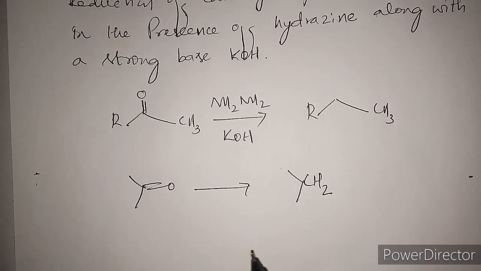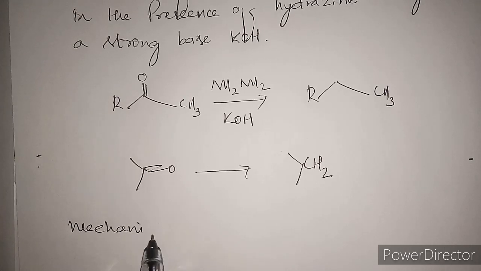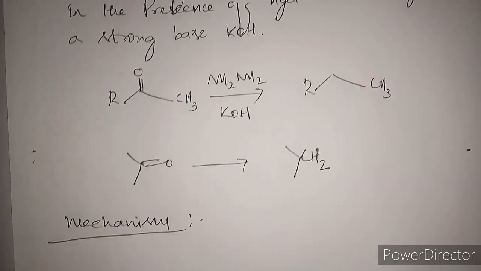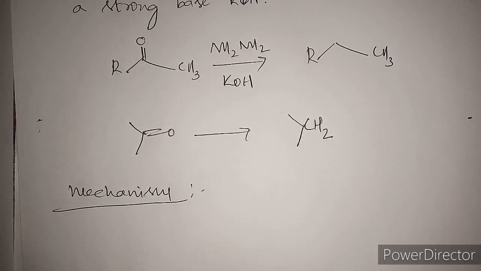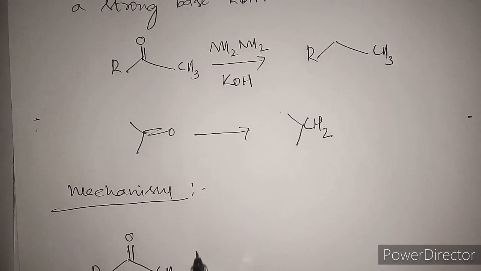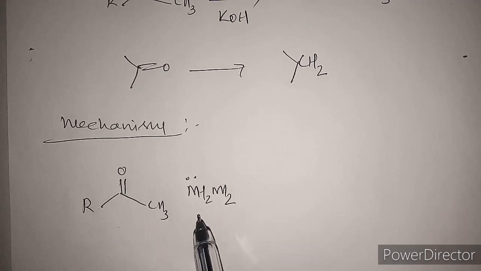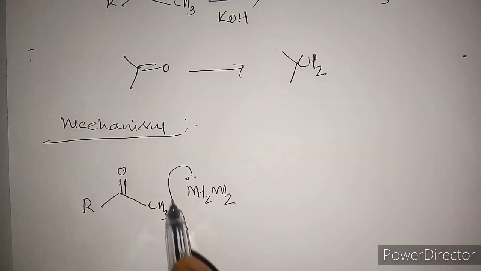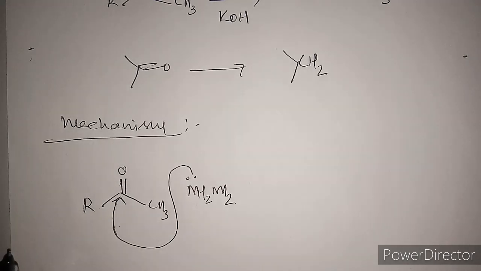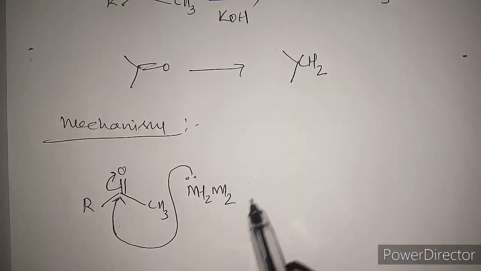So in this Wolff-Kishner reduction, now the mechanism of this reaction. First is the addition of hydrazine to the carbonyl group. We have NH2 with a lone pair of electrons, and this lone pair attacks the electron deficient center, that is the carbonyl group, and the pi electrons break and the electrons will be attached to oxygen.